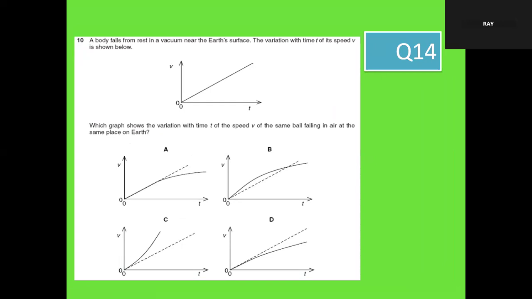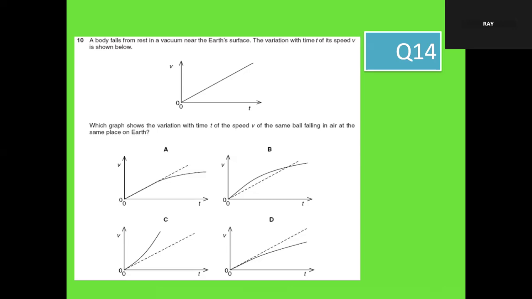The trick is there is air resistance in the second part. The first part has no air resistance, that's why they call it a vacuum. The second part has air resistance, and it is not negligible.